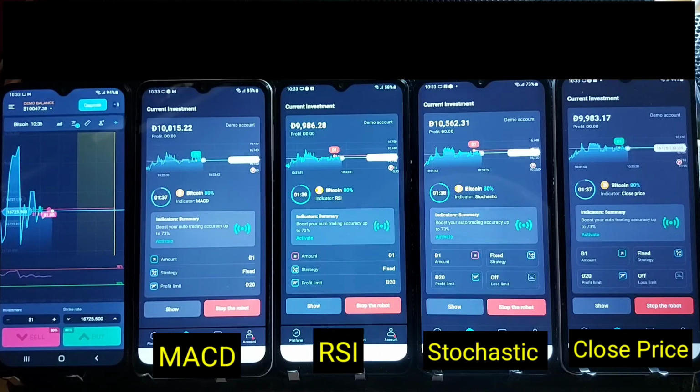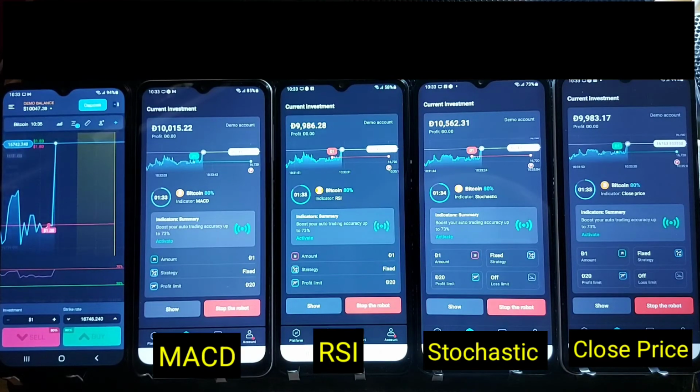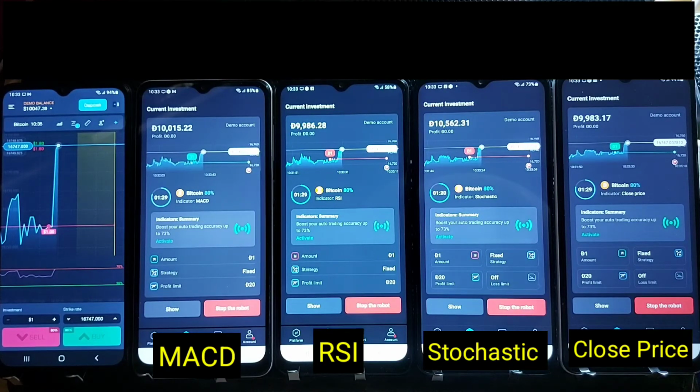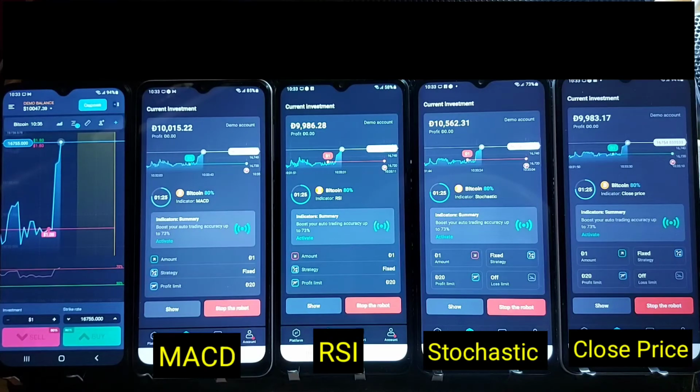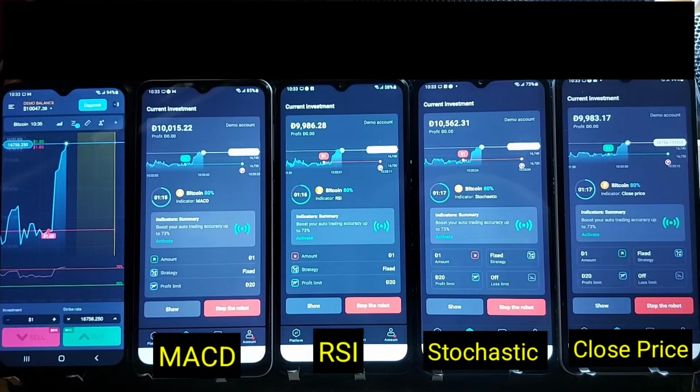So, for this round, 2 of the indicators are indicating a downward movement, the RSI and stochastic. 2 of the other indicators are indicating an upward movement, close price and MACD. We opted to follow the RSI and stochastic. So, let us wait and see who will prevail.